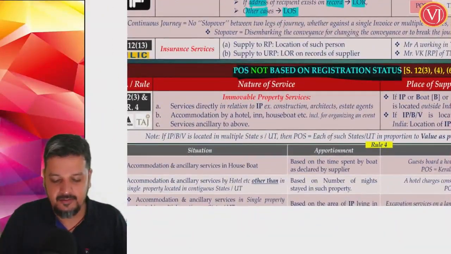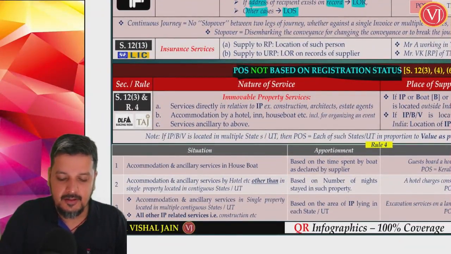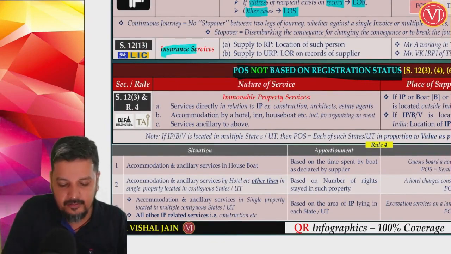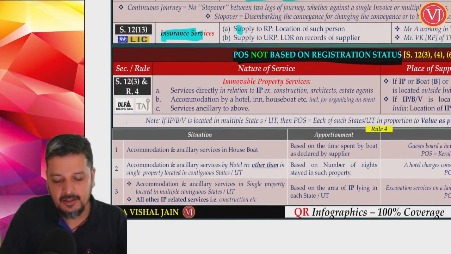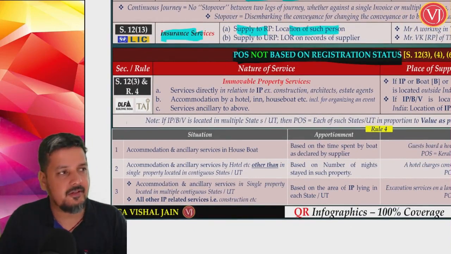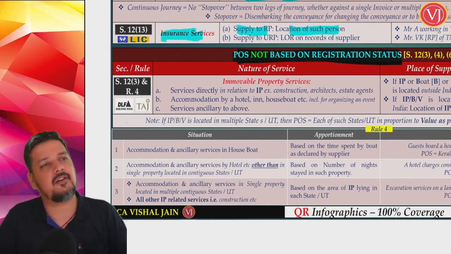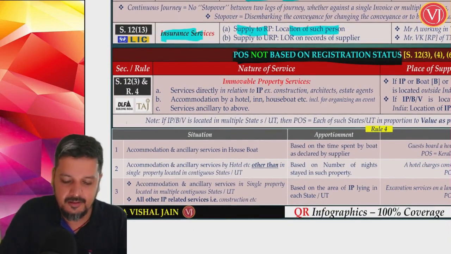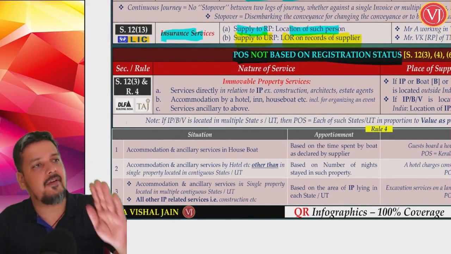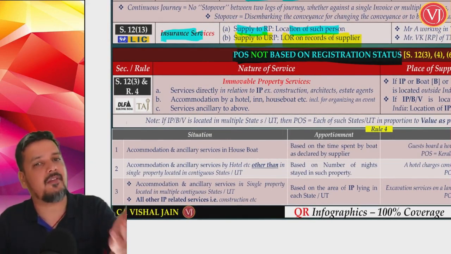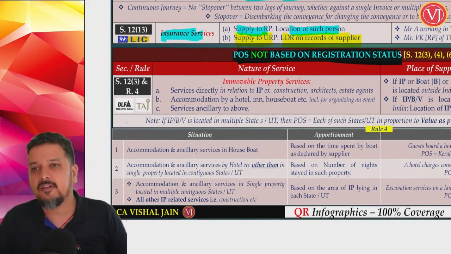Now, next is where you're talking about insurance service. Insurance service. B2B: location of the registered person, if the recipient is a registered person. B2C: in the insurance case, always it will be the recipient's place because the address is always on record.